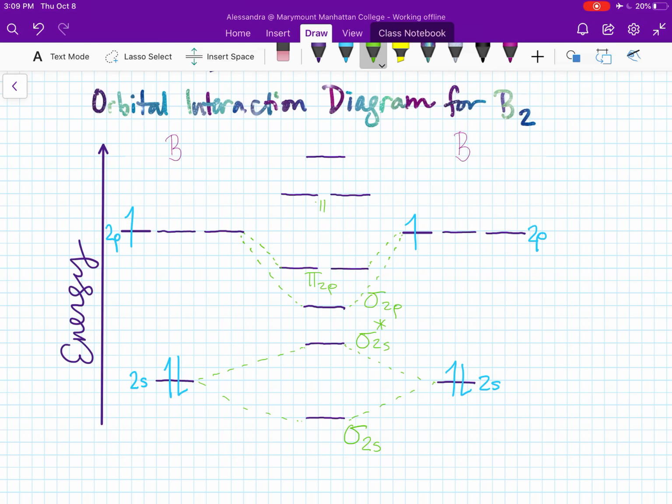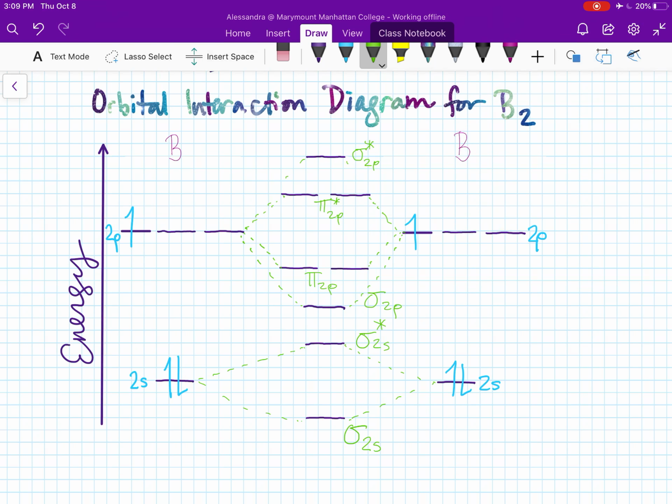Then equal and opposite to those, we would have the 2 pi star 2p orbitals that are higher in energy than the valence atomic orbitals of boron. And then the highest energy molecular orbital would be the sigma star 2p orbital.